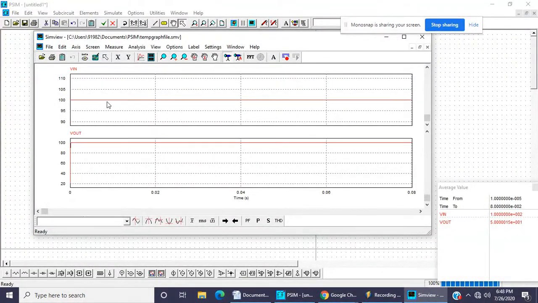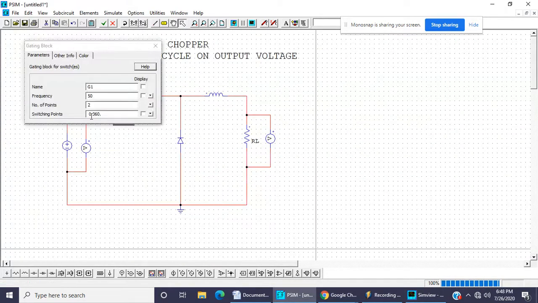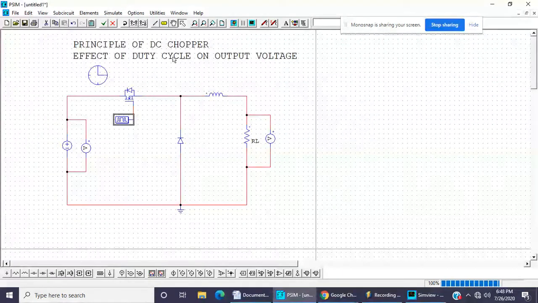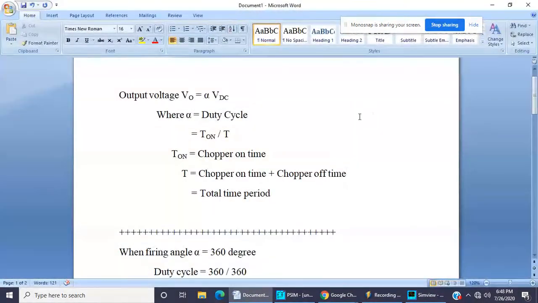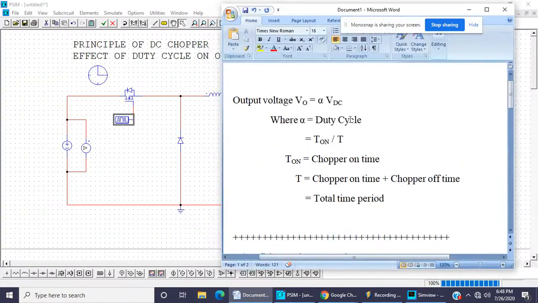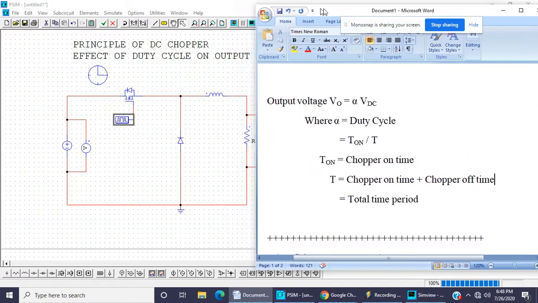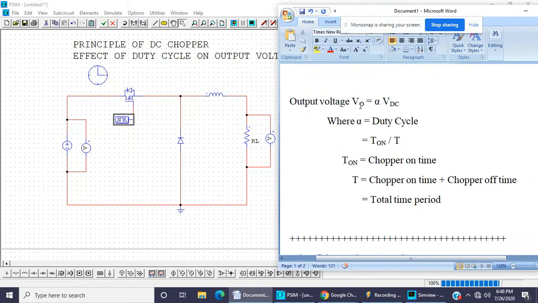So this is input voltage and output voltage when firing angle is made 360 degree, means switching device continuous conduction. Let us try to understand it. Output voltage of the DC chopper is equal to alpha times VDC, where alpha is duty cycle.